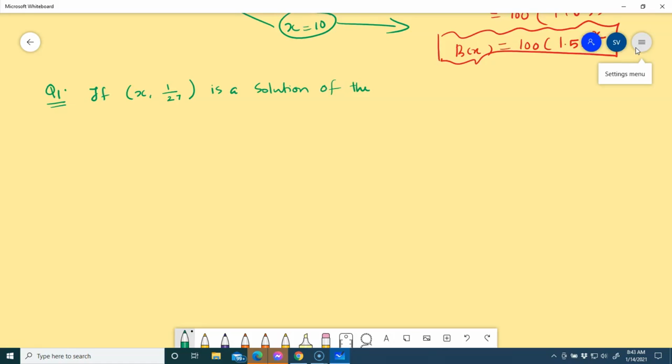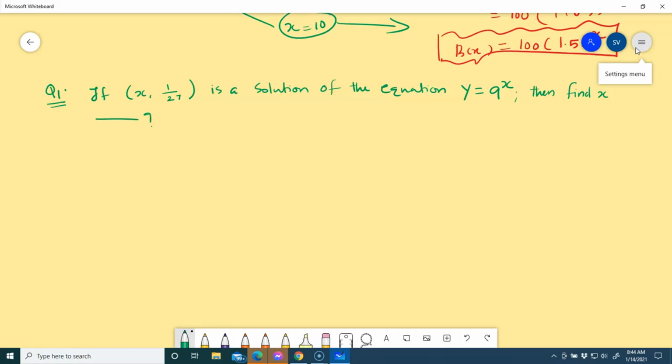So x and 1 by 27 is a solution of the equation y equal to 9 to the power x, then find x. That is the question.